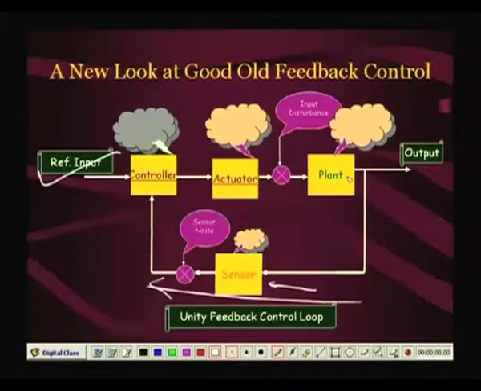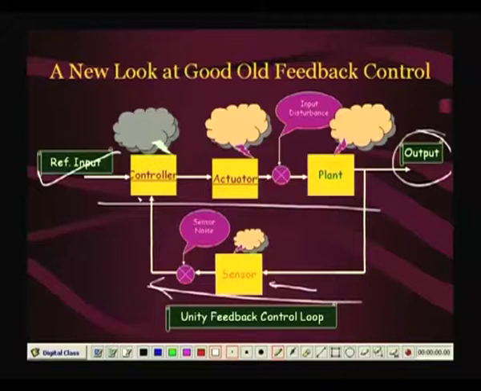It turns out that all these elements are actually susceptible to failure. They get disturbances and noises, which affect the output. In particular, if there is a failure of, let us say, the sensor, then the feedback loop will simply be opened.